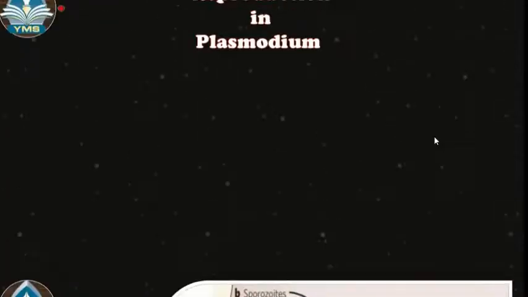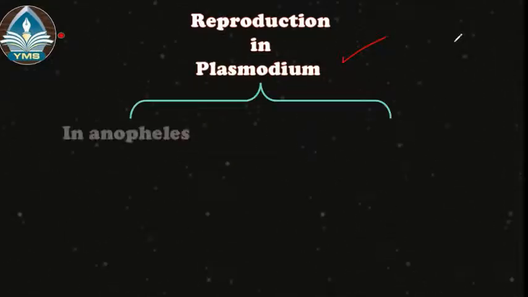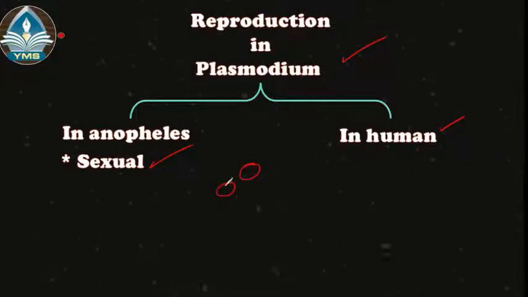Now let's make a summary. We have reproduction in Plasmodium. We have 2 methods. What type of reproduction happens in Anopheles, and what type happens in the human? In Anopheles, the female mosquito, it is sexual, and that involves the joining of the male and female gametes to make the zygote, from 1N to give us a 2N zygote cell.